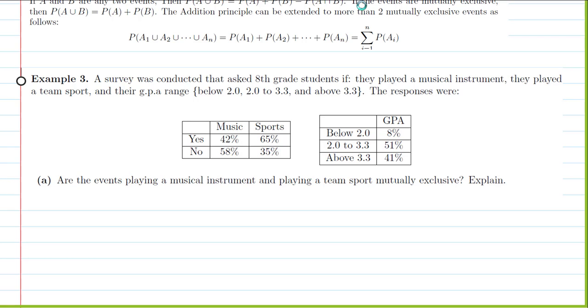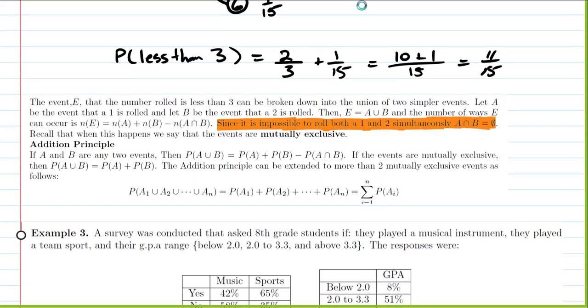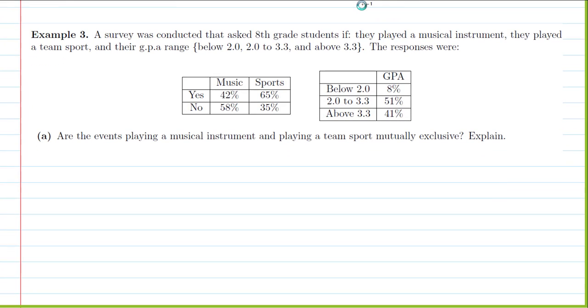So now we want to ask ourselves the question, are the events playing a musical instrument and playing a team sport mutually exclusive? Well, let's find out. So what was our thing for mutually exclusive? So when we have that the intersection of the events is empty or impossible, the events are mutually exclusive.